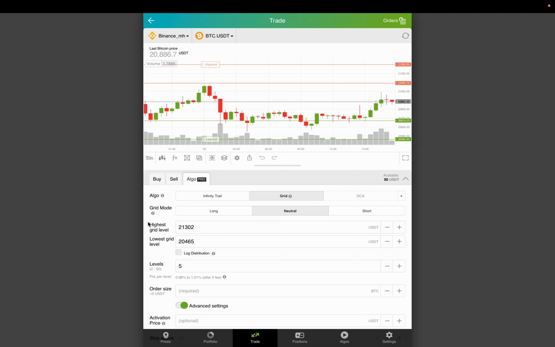The only difference is that if we launch a neutral grid on a spot exchange, it will place sell orders initially here and buy orders here. You need both base and quoted currency, in this case BTC and USDT, to launch the grid, because for those sell orders to be placed above the market price, you need something to sell. In this case, you need to have BTC on hand to sell it.